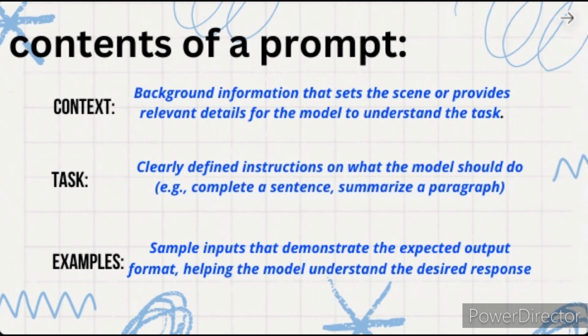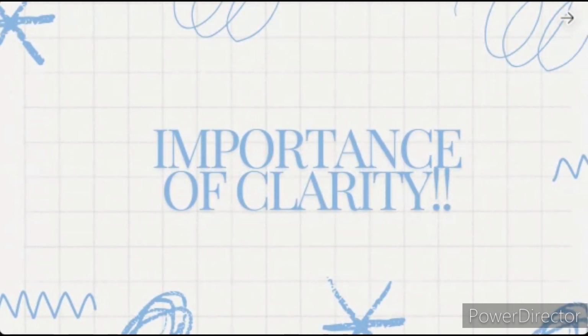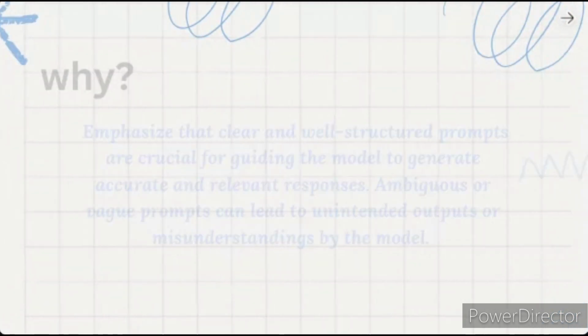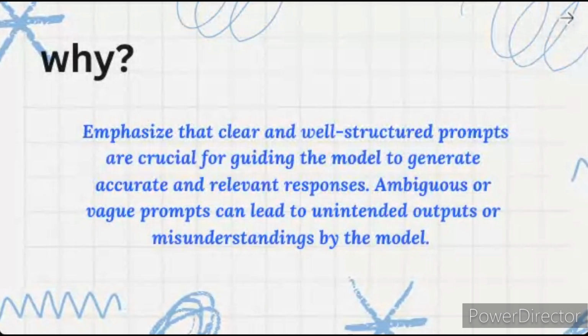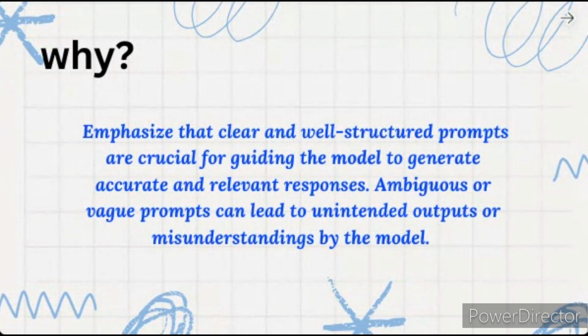Another thing to take note of is the importance of clarity. Clear and well-structured prompts are crucial for guiding the model to generate accurate and relevant responses. Ambiguous or vague prompts can lead to unintended outputs or misunderstandings by the model.